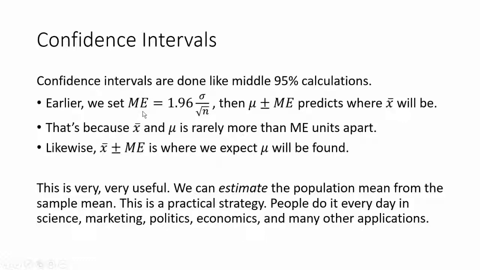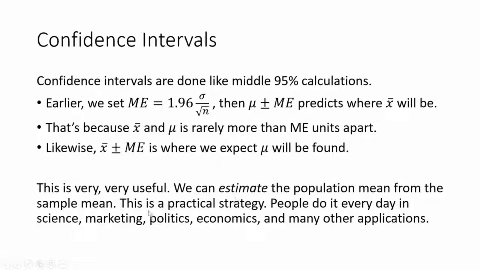So earlier, what we did is we computed this value ME, and we added and subtracted the ME so that we could predict where the x bars will probably end up. So once we know this, the mean of the whole population plus or minus the margin of error, we can predict where 95% of the sample means will land.